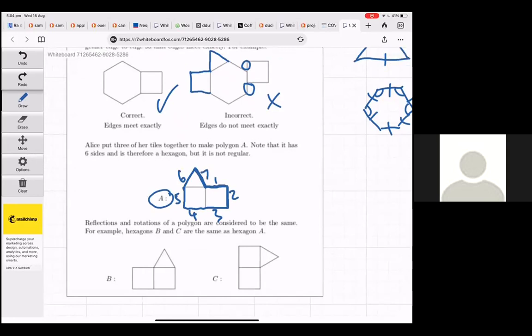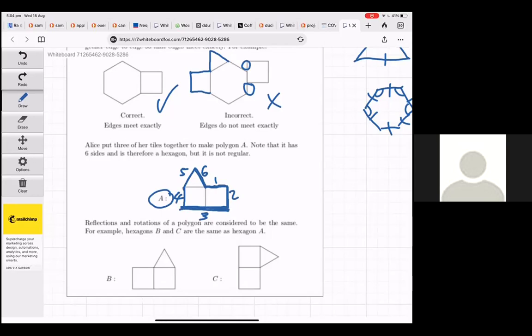No, the 4 and 3 need to be connected. Yes, thank you. If it's a straight edge, then that counts as 1 side. Silly me. So that's 3, 4, 5, and 6. Okay, so it's a hexagon because any shape that has 6 sides is a hexagon.